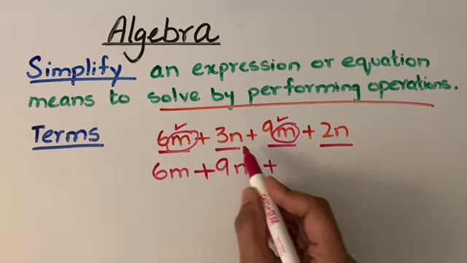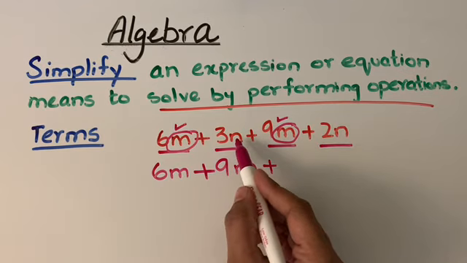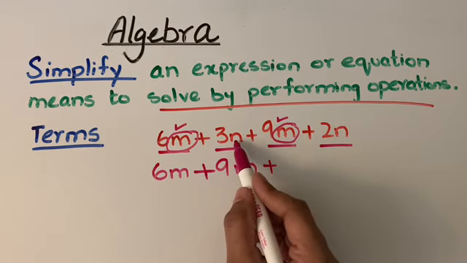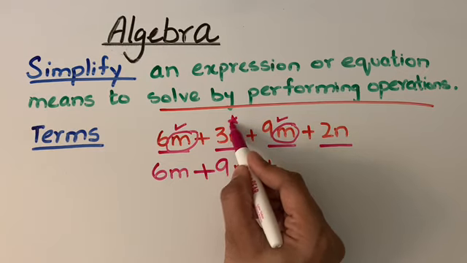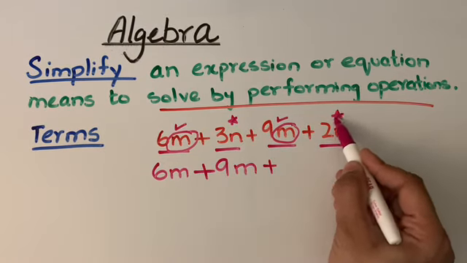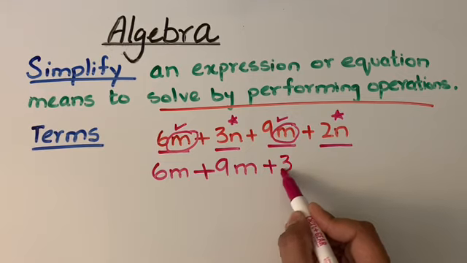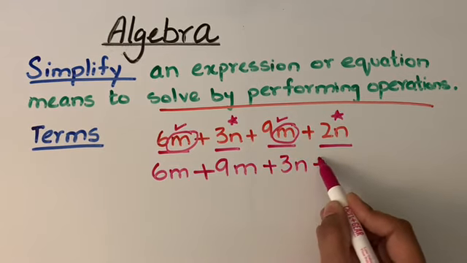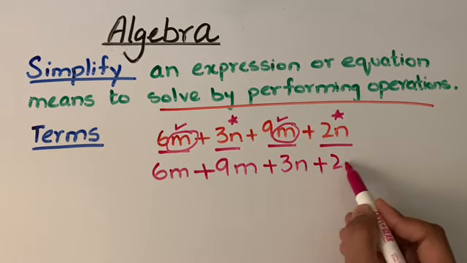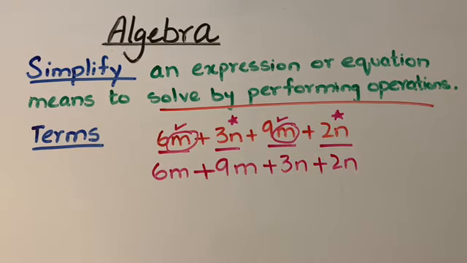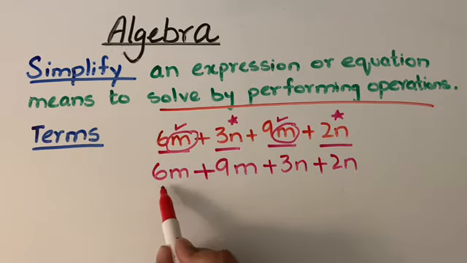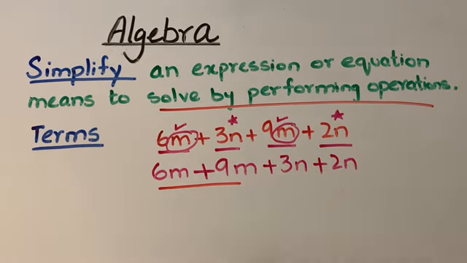Now I'm going to write another variable, another symbol, which is n. N, another n. So 3n plus 2n. These two are like terms, and here these two are like terms.